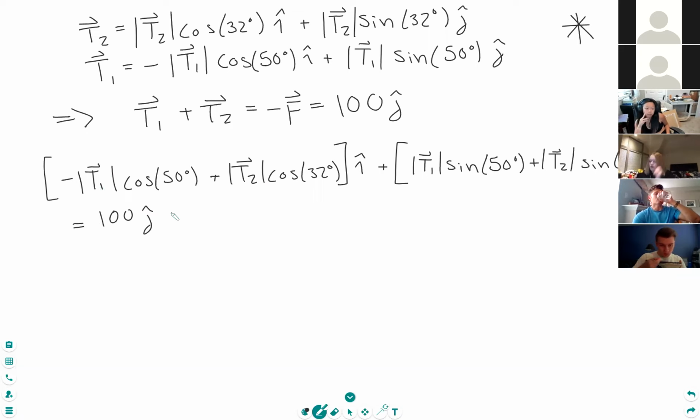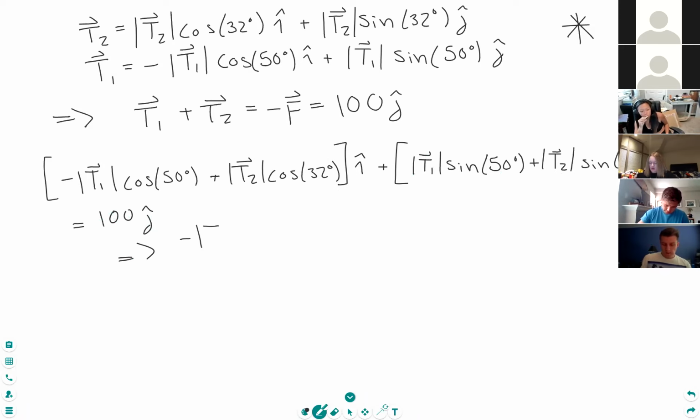So the only way for there to be 0 i hat on this side of the equal sign is that this term here is equal to 0. And the only way for there to be 100 j on the right hand side is that this term here is equal to 100. So from that, we get two different relationships.